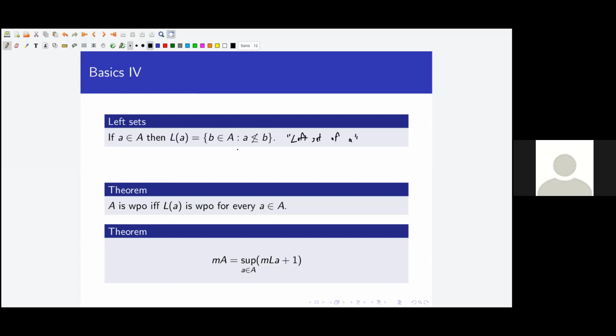Now, I've heard different theories as to why they're called left sets. Some people say because A is not to the left of B, or because B could potentially be placed to the left of A in a linearization. Some people have told me because they're what's left behind when you remove some elements. But anyway, they're called left sets.